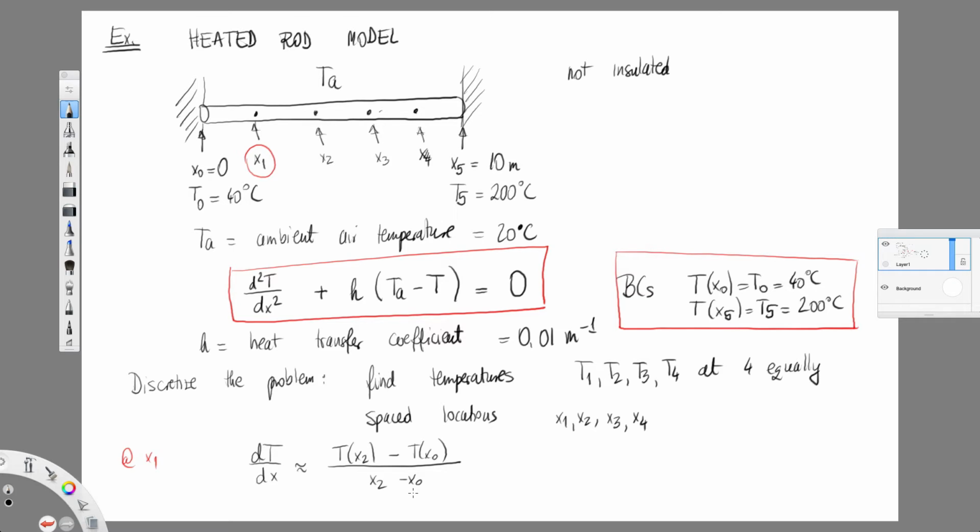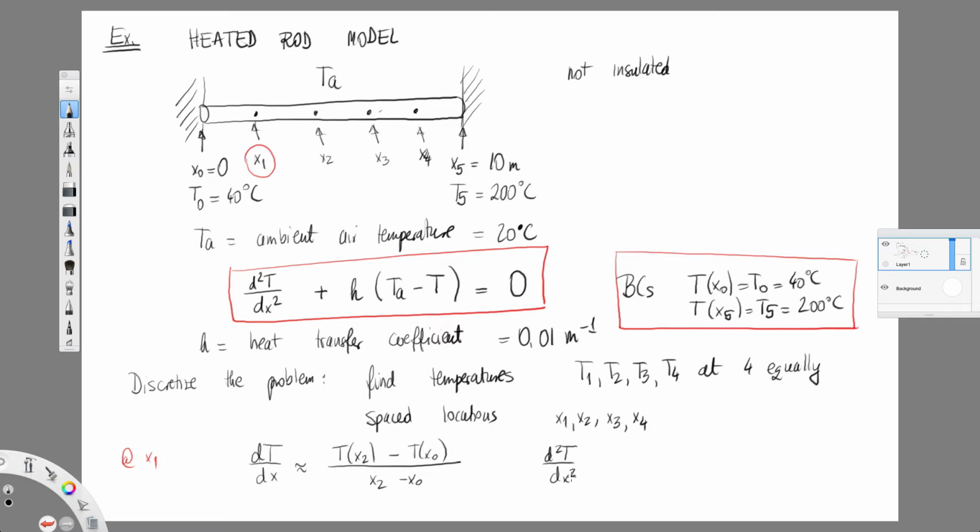Now you might not have seen this one, but for d squared T/dx squared, I can apply a very similar rule to dT/dx and then approximate it further.